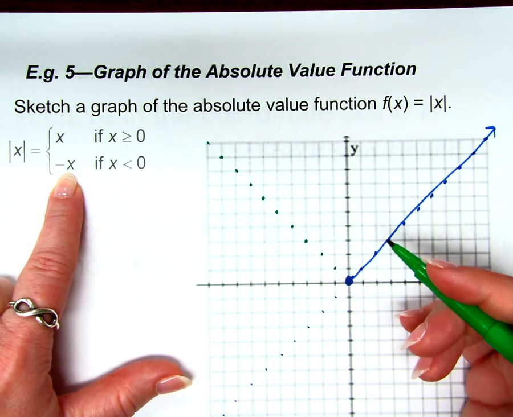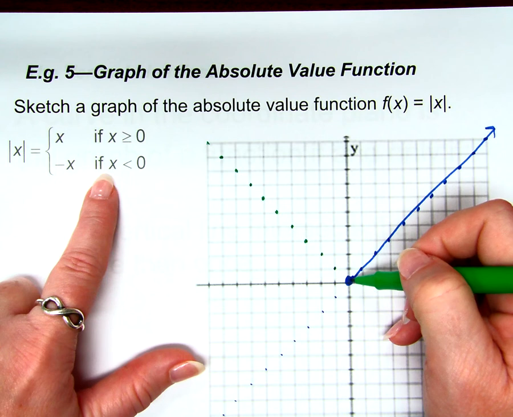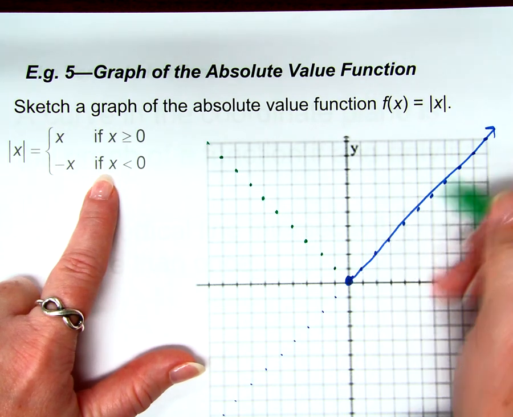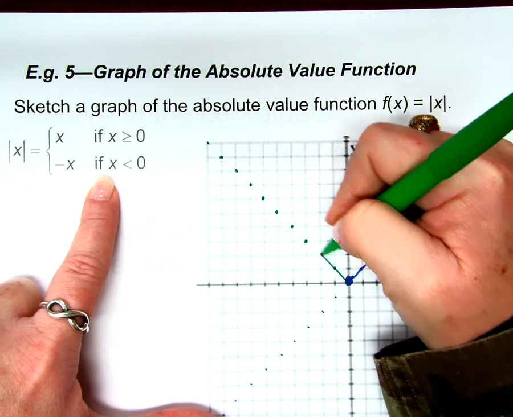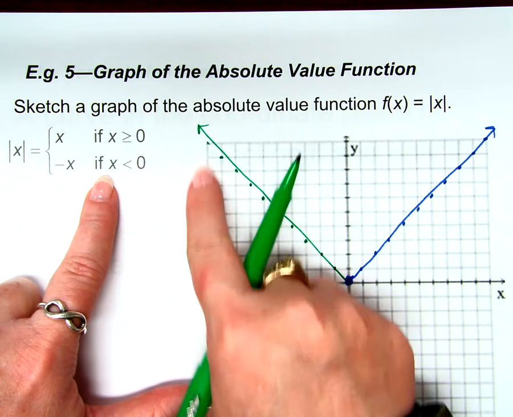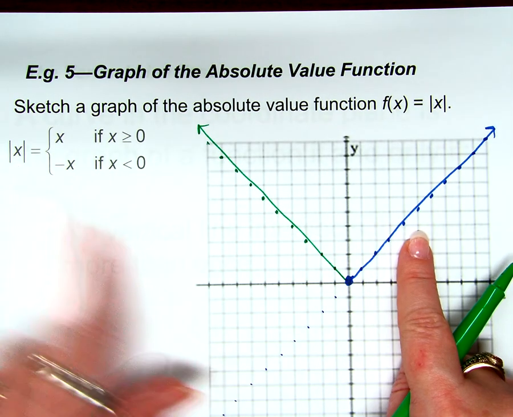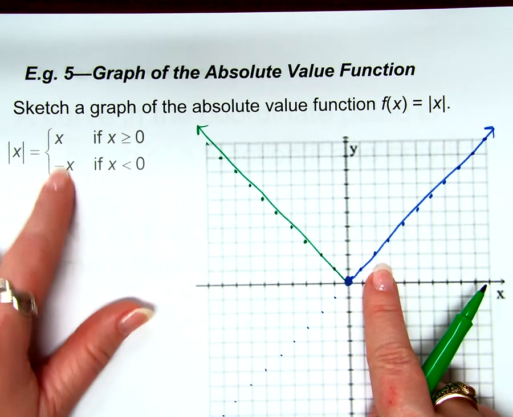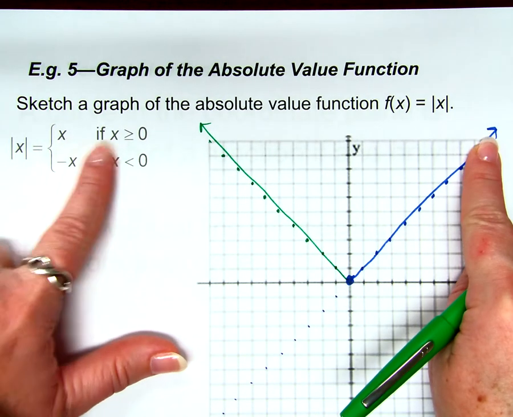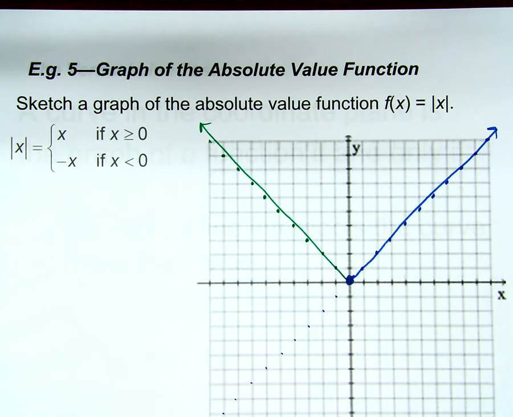So it's not defined at 0, except we don't have to worry about that this time because it is defined on that exact point for here. So I know it's this way. Now, if I take these together, that's our absolute value function. But I can rewrite it as a piecewise function, this part for greater than 0, this part for less than 0. Okay?